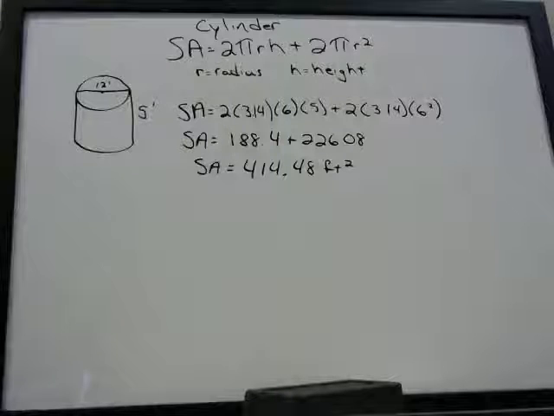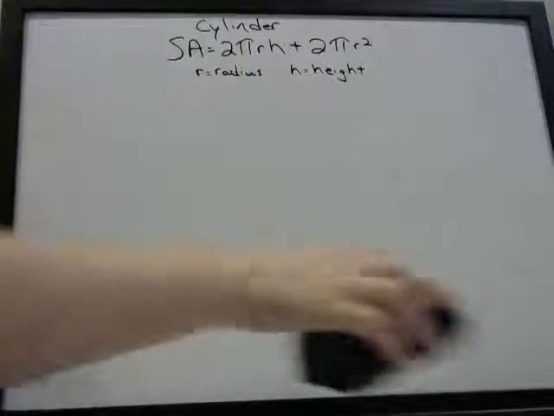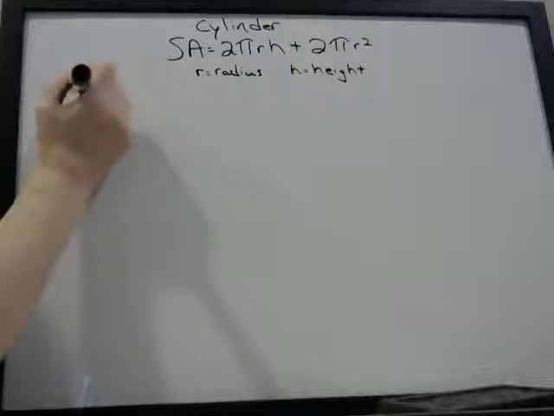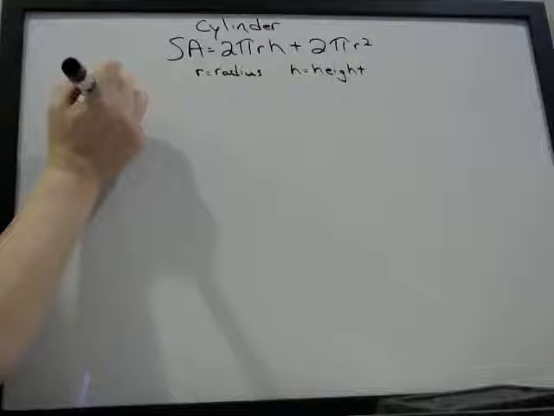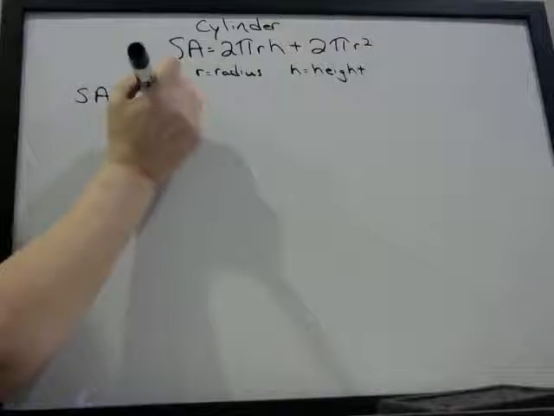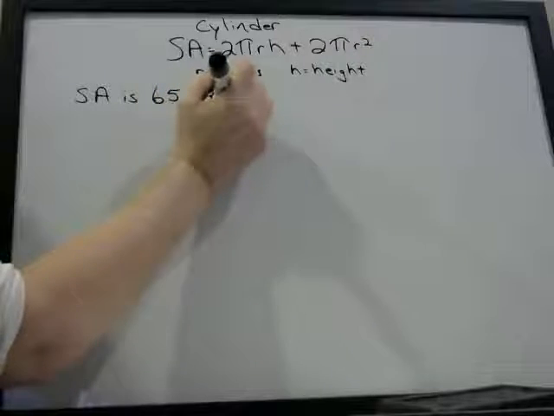We're going to do one last problem that's going to be a little bit more complicated and involve some algebra. So, they tell you that the surface area of a cylinder is 659.4 yards.